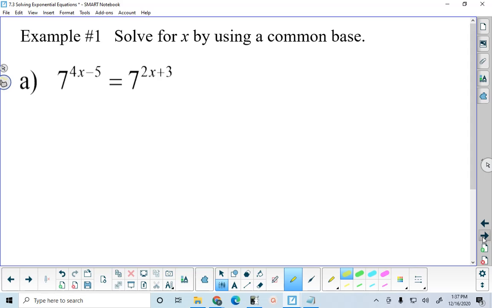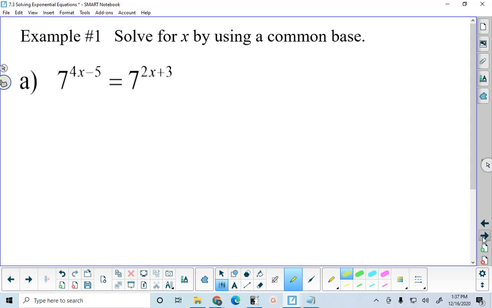The first thing I want you to note is that example 1 is not an example that I would give you on an exam, even a multiple choice question. It's too simple. It may not be simple for you right now, but it will be simple after I explain what's going on here. 7 raised to the 4x minus 5 is equal to 7 raised to the 2x plus 3.